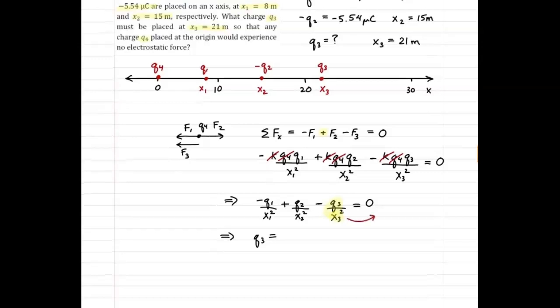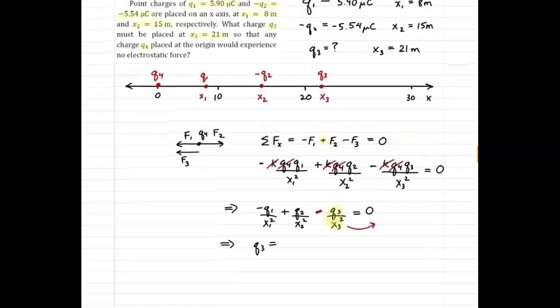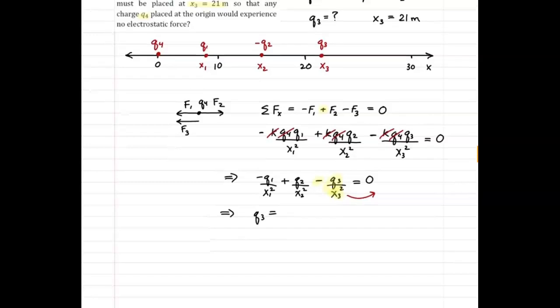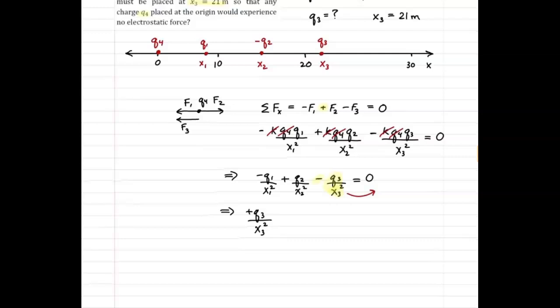Bring it to this side, and when you do that, the minus sign flips, so we'll have positive Q3 over X3 squared equal to what's left over, minus Q1 over X1 squared plus Q2 over X2 squared.